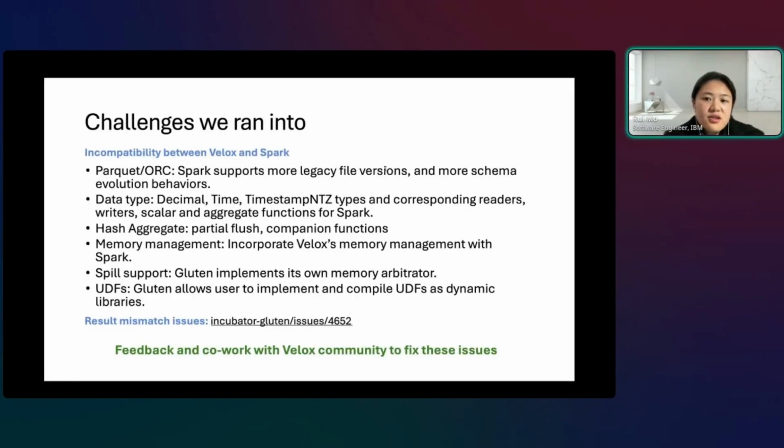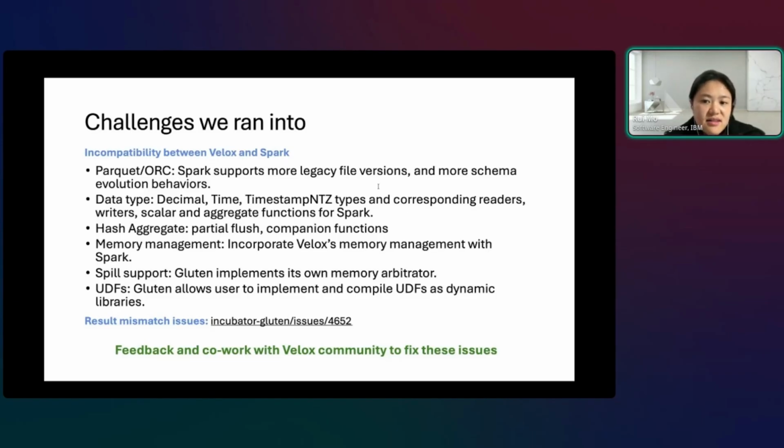This page introduces the main challenges we encountered during the integration of Spark and Velox. The biggest category of challenges comes from the incompatibility between Velox and Spark. For example, Spark supports more legacy file versions and more schema evolution behaviors.